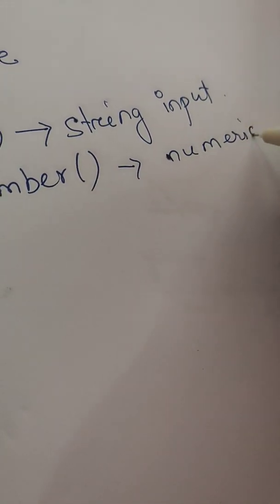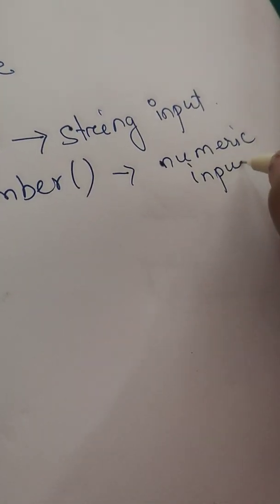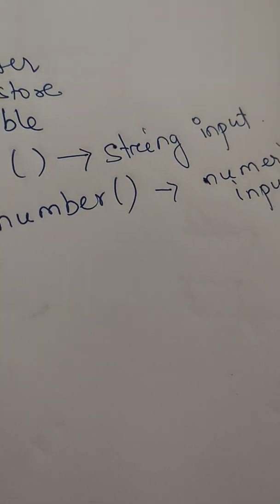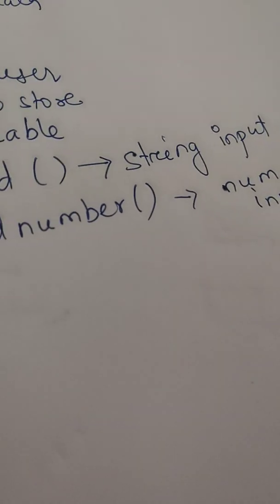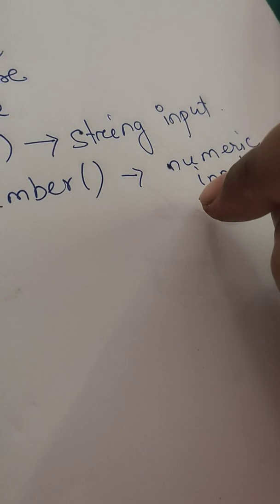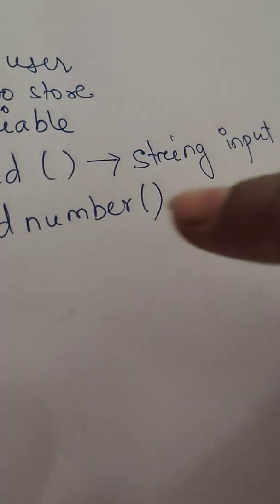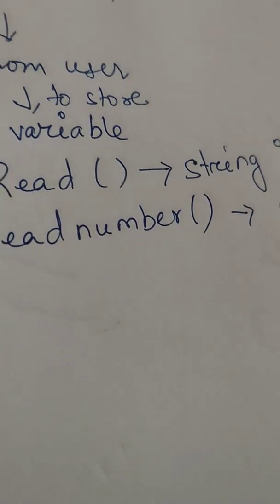Numeric input. For example your roll number, your marks, your age. So when you have to take this kind of numeric input from the user, we will use ReadNumber.